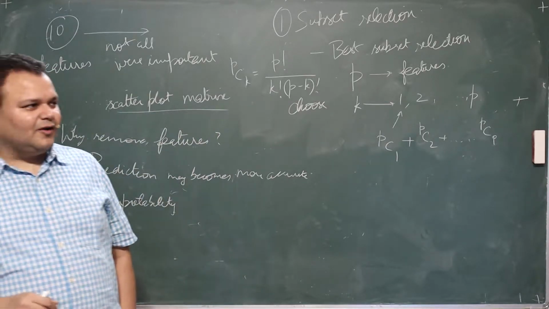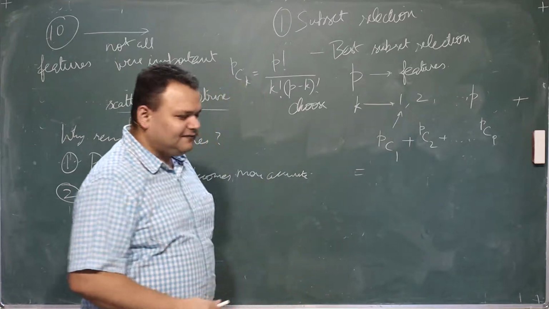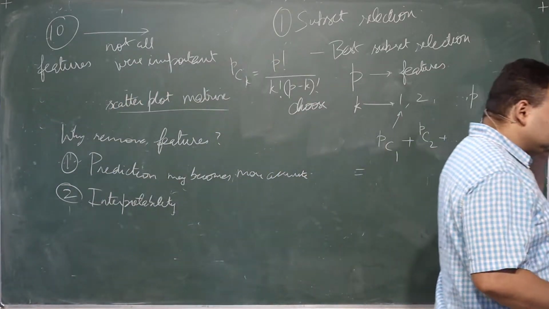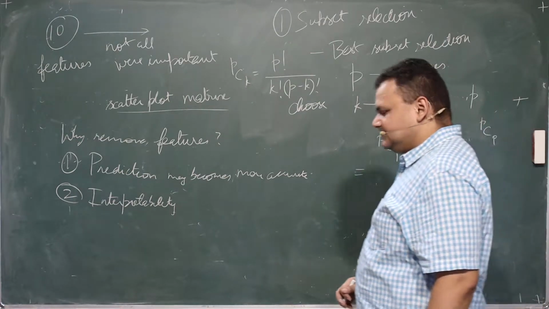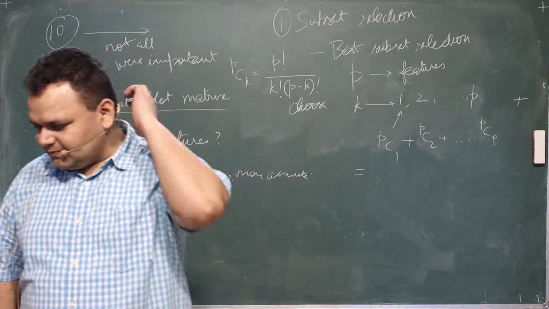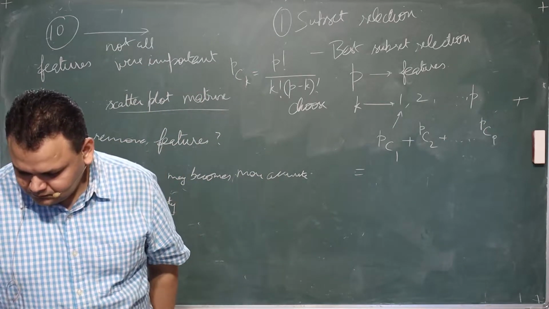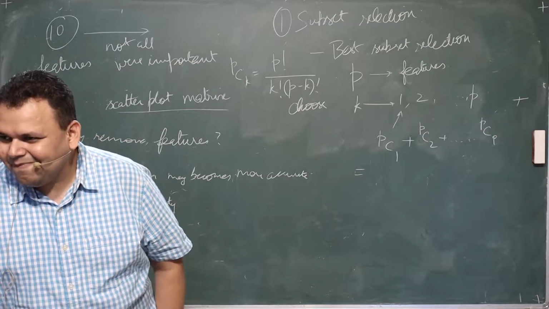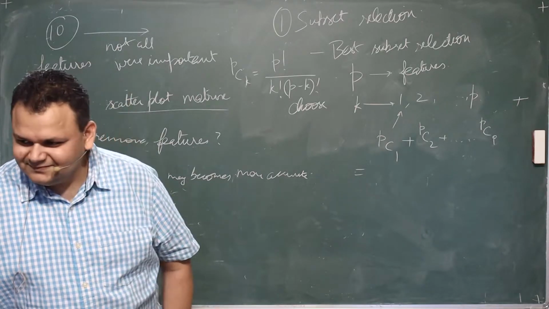What will be the sum of all of these? How many subsets will you have? कितने सबसेट्स हो जाएंगे हमारे पास? Two to the power p minus 1.